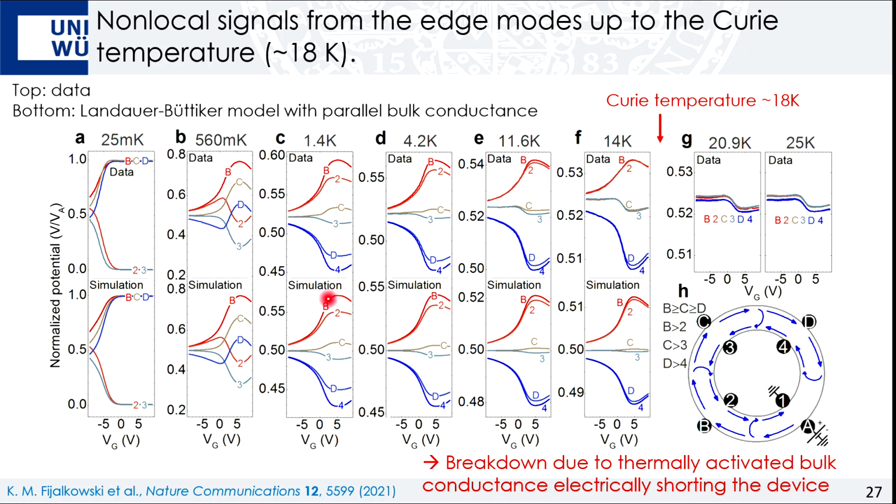It's just that we need to make the bulk of the material insulating enough to have nice quantization at higher temperatures. So the relevant parameter is the bulk resistivity between the edges. This, for some reason, breaks down above 50, 100 millikelvins or so. Nobody really knows why, but that is so.